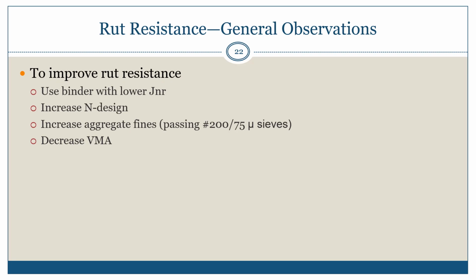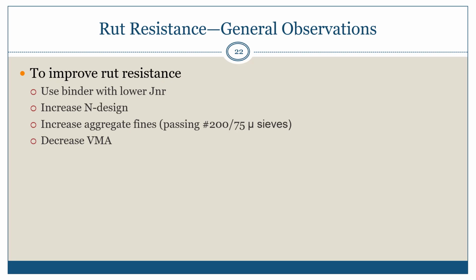You can also increase the aggregate fines, or if you will, the dust to binder ratio, meaning the amount of material passing the number 200 sieve. And you can also decrease the VMA to increase your rut resistance, although that's something that you often won't be able to do because many mixes are designed at very close to the minimum VMA. So you often can't lower that any further.